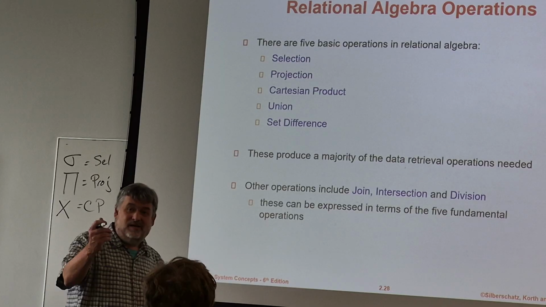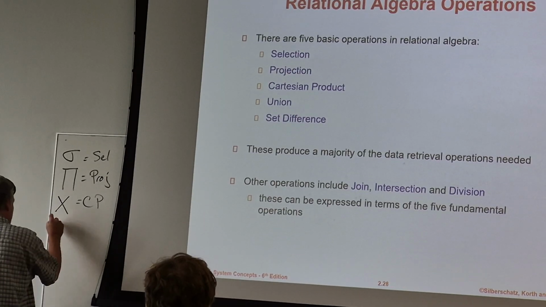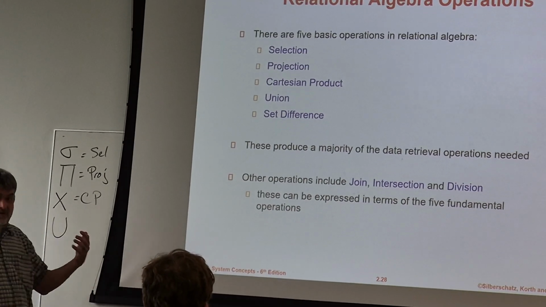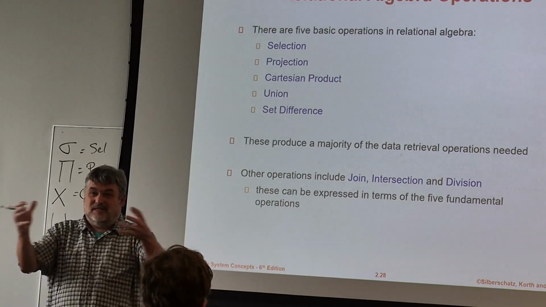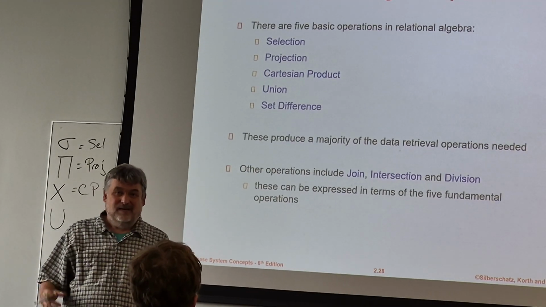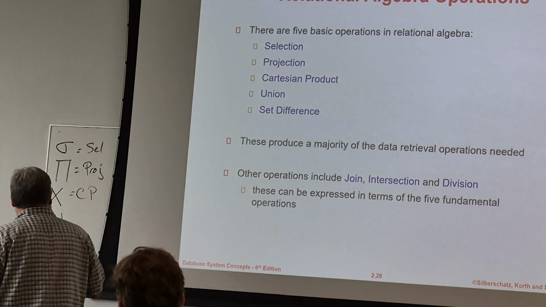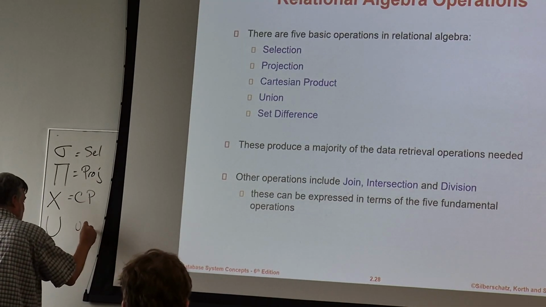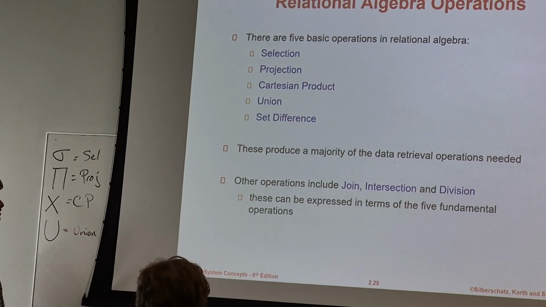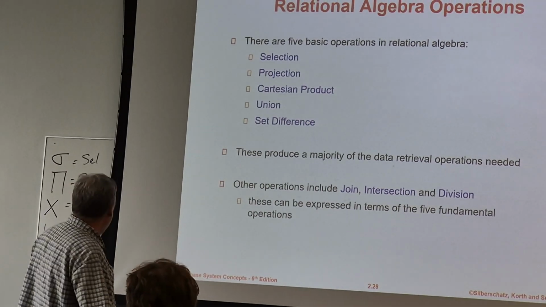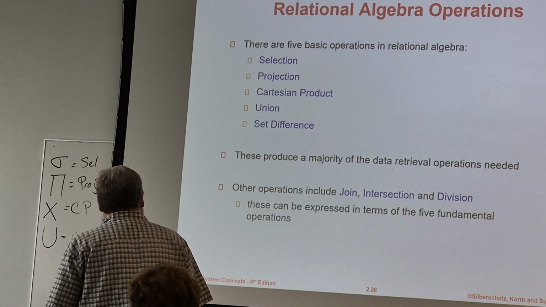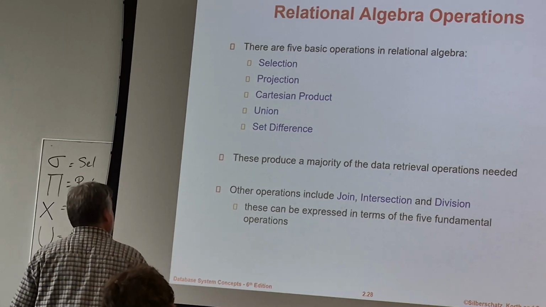Union. You guys remember the union sign. You've probably seen that when you want to take the contents of two sets and put them all into the same set. Set A, union set B. You've probably done that in a high school math class, and so I guess that's capital U. That probably also has a different name in Greek, but we say U because we're Americans.